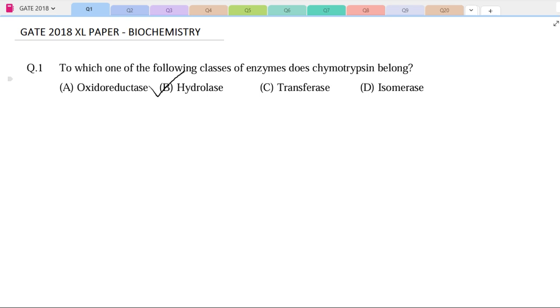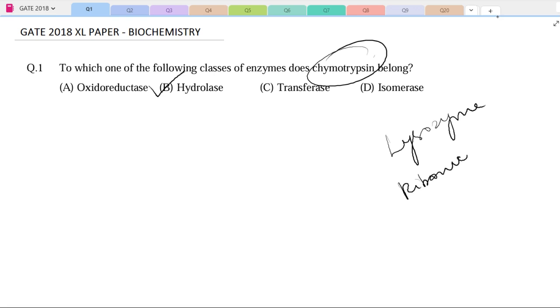I would strongly suggest everybody who is preparing for these competitive exams to look at the mechanism of action of chymotrypsin as well as lysozyme and even ribonuclease A. These are pretty frequently asked questions, especially on the mechanism of action.